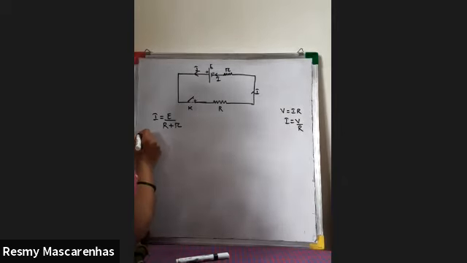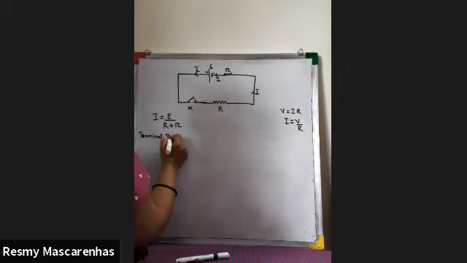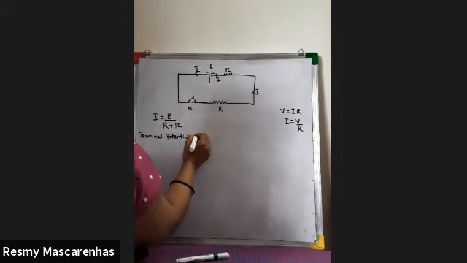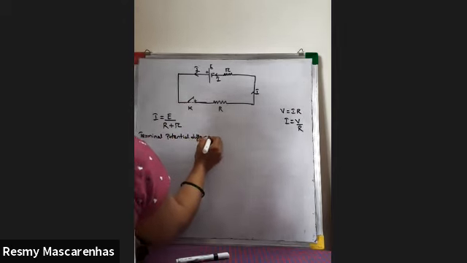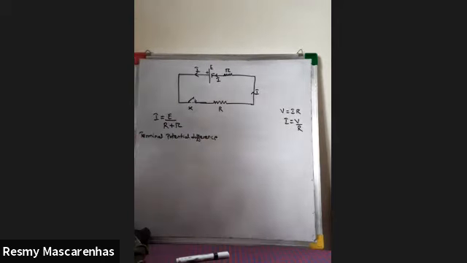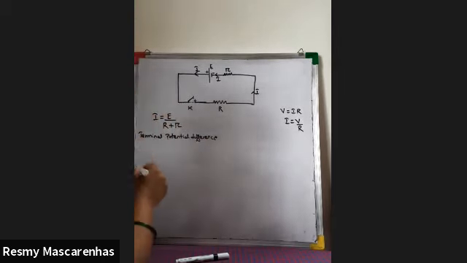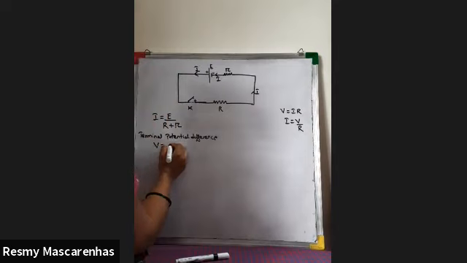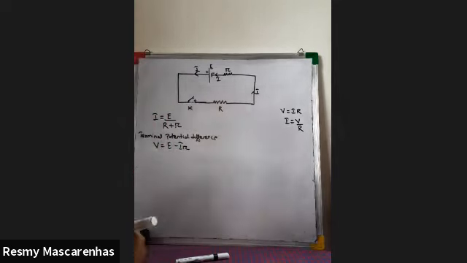The terminal potential difference. Now when the key is pressed, what will be the terminal potential? Terminal potential difference. I have given you the formula last time. It is given as V is equal to E minus I r.